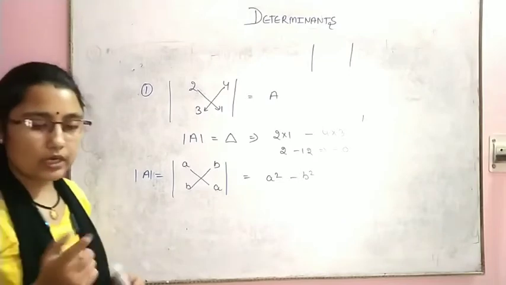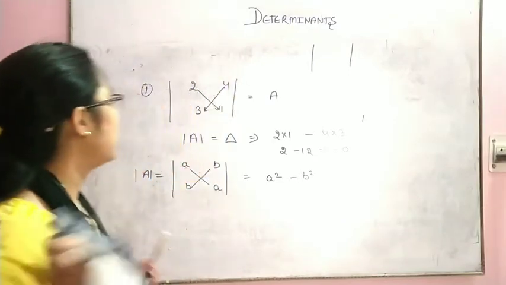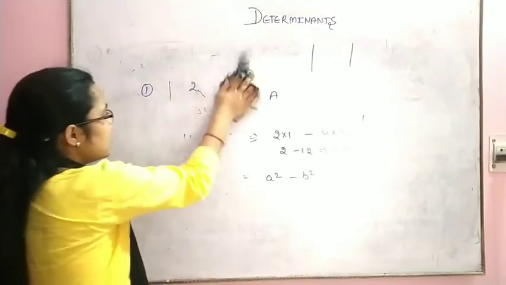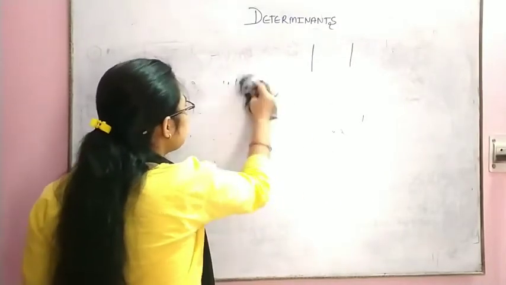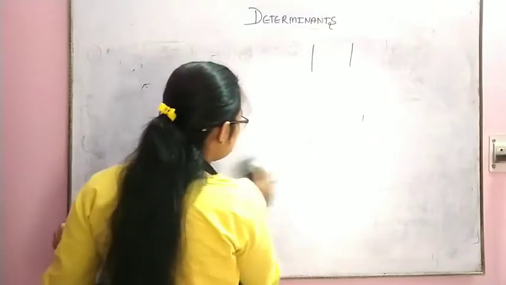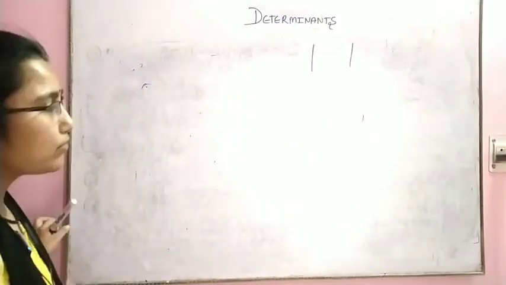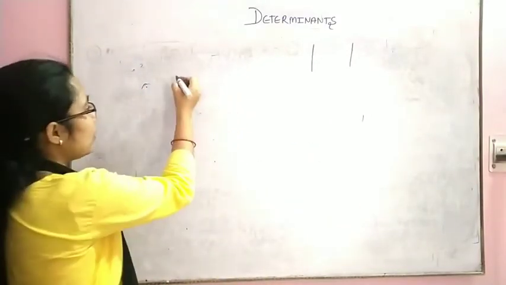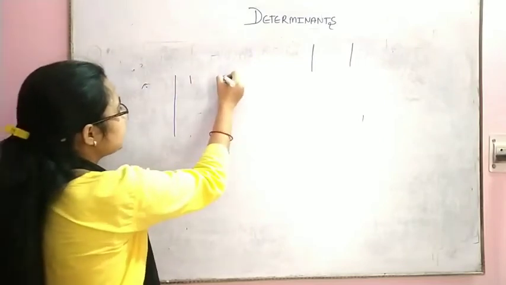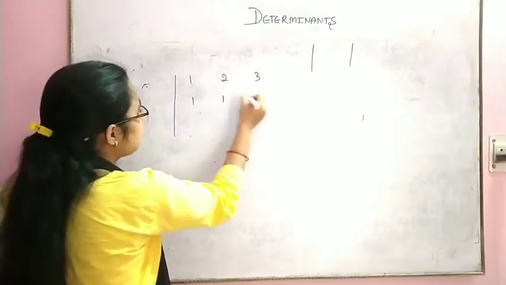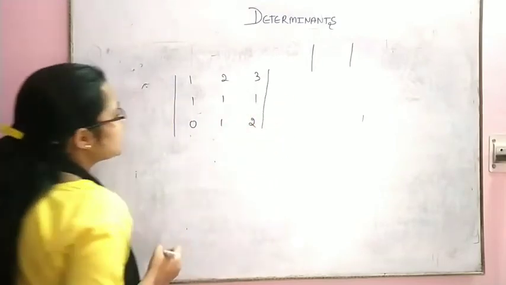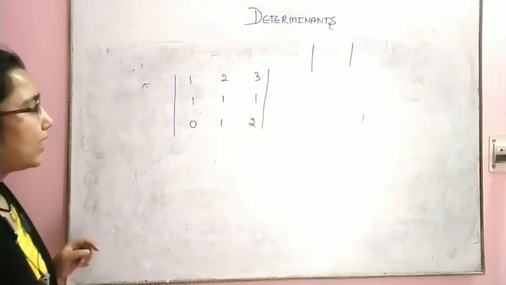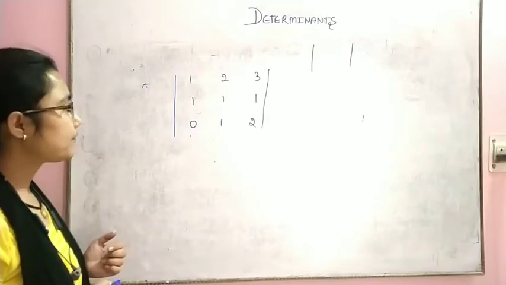Now come to the third order determinant. How to find the value of third order determinant? We find the value of determinant by using any row and any column. Suppose we have a 3 cross 3 determinant and we need to find out the value.